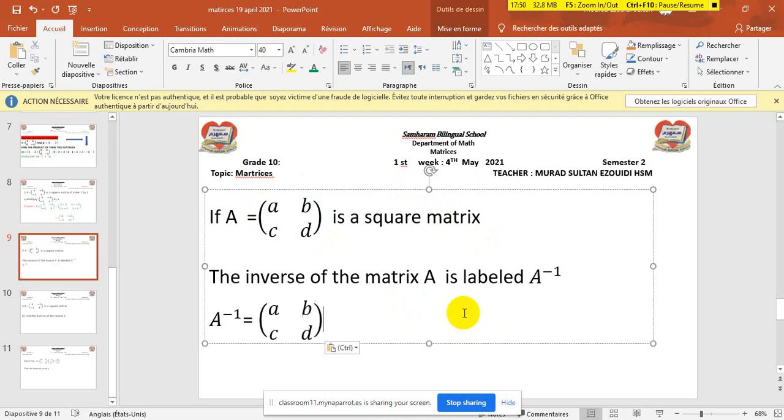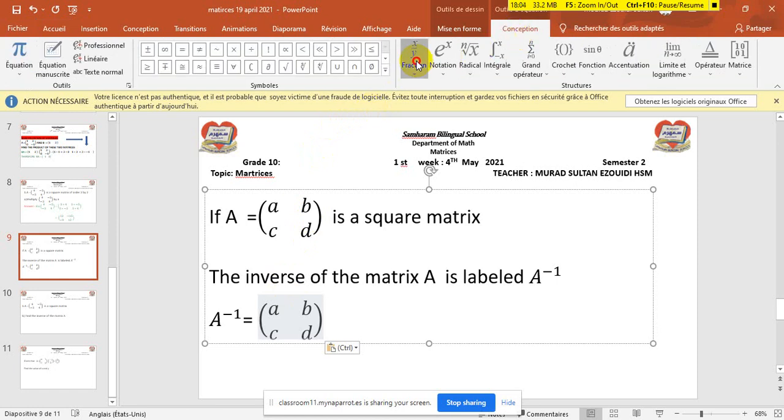Here I will make the determinant, which is here a fraction: 1 divided by AD minus BC, multiply.